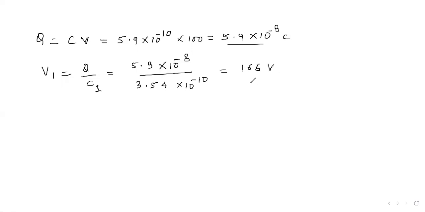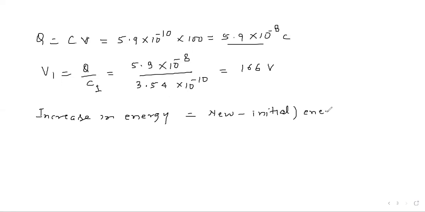Now potential is increased. So increase in energy we find: new energy minus initial, final minus initial energy. Suppose we write it as delta U1.